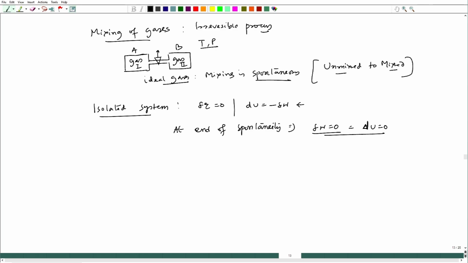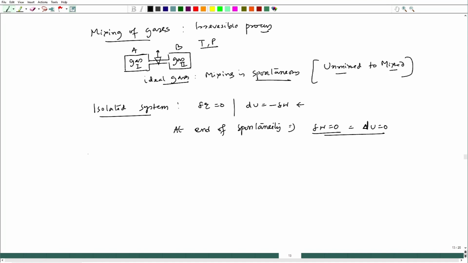That means I have nothing left in the system; no energy is available in the system to do work. The system would have some energy, but there will be no way that energy will be made available for doing extra work or useful work. Okay. So, during the spontaneous or irreversible process, I am losing some bit of work, or the energy which should have been converted to work is not able to convert to work. Okay. So, I have some lost work.